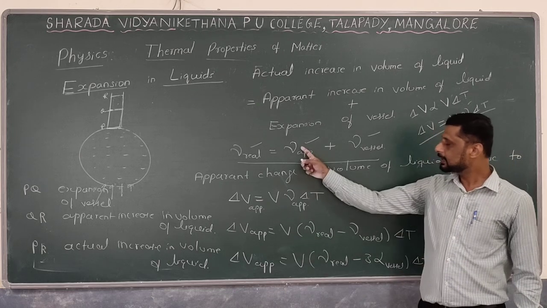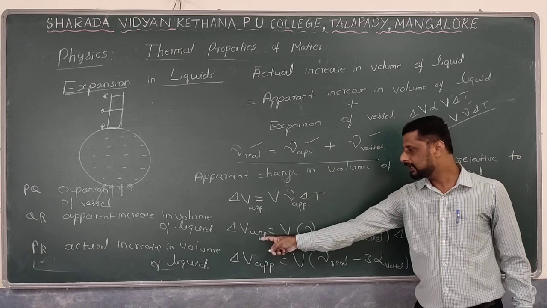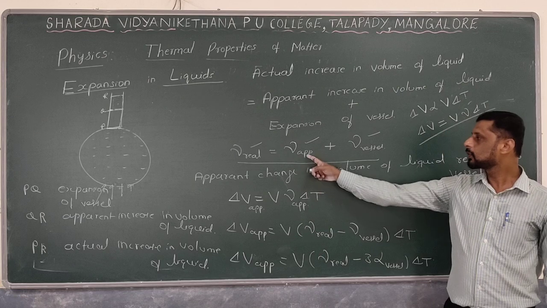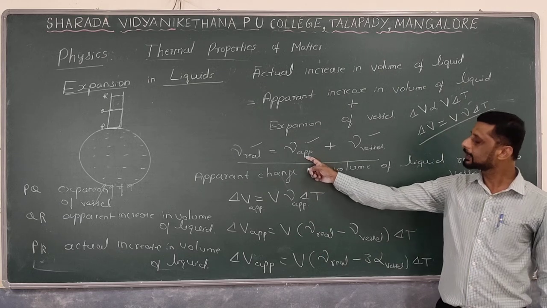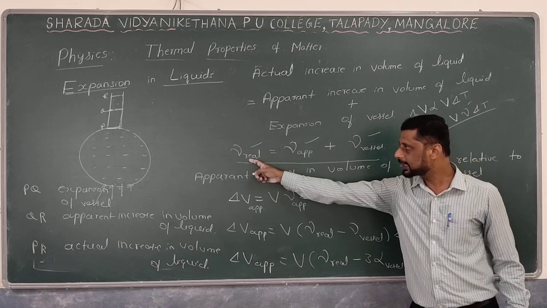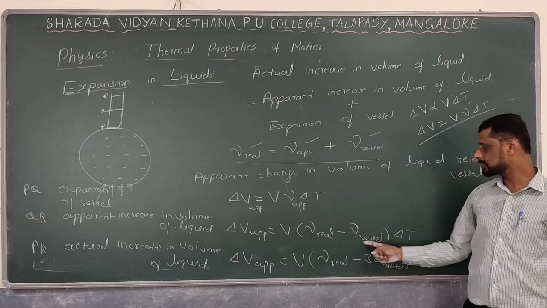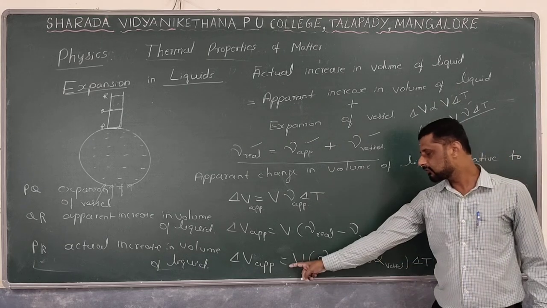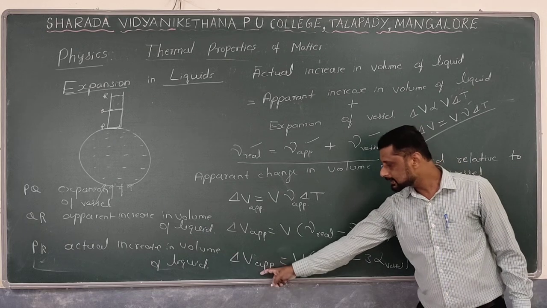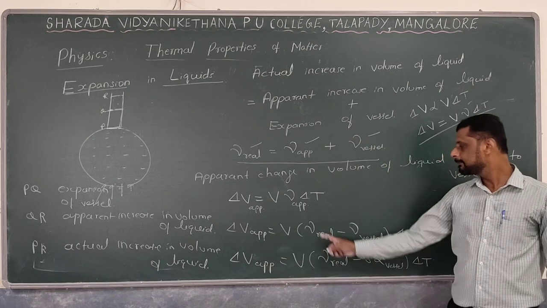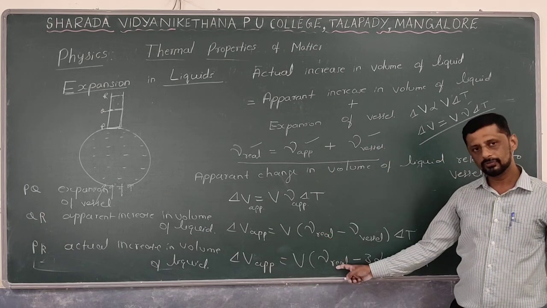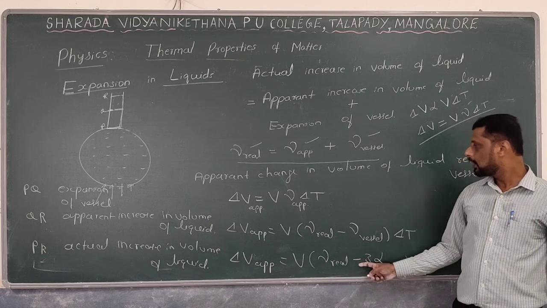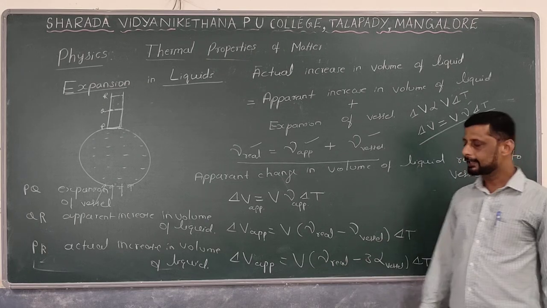Now, based on this equation, you can write delta V apparent is equal to V into the coefficient of apparent expansion, which can be written as the coefficient of real expansion minus the coefficient of expansion of the vessel, into delta T. Now, how are alpha, beta and gamma related?